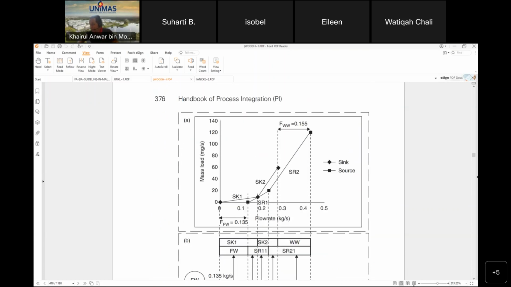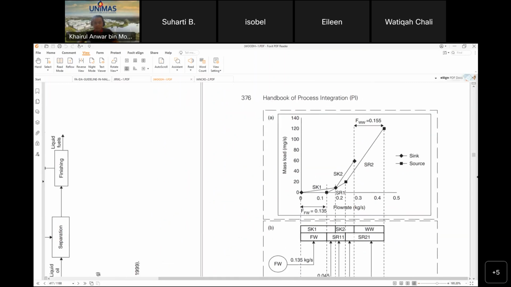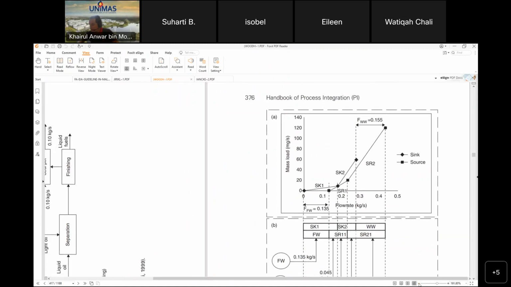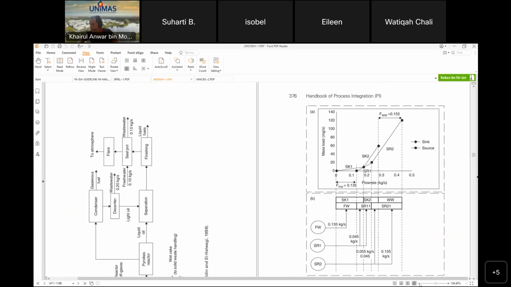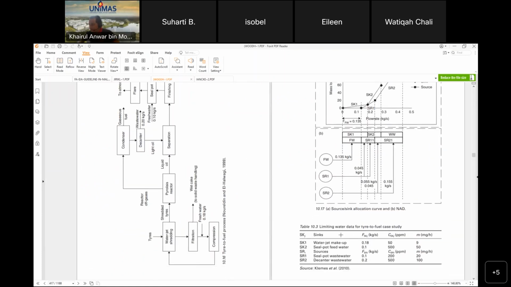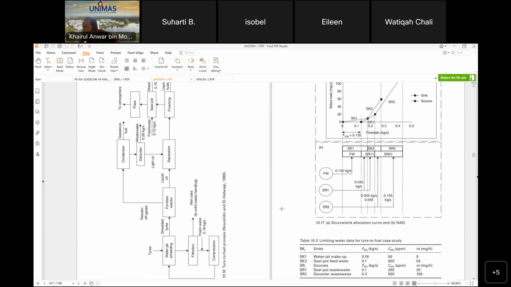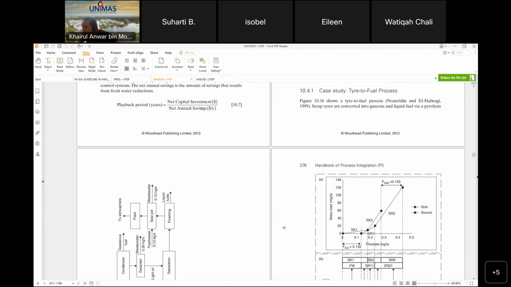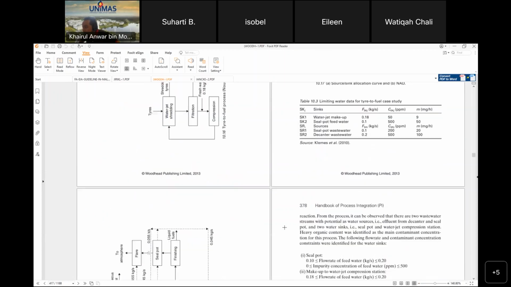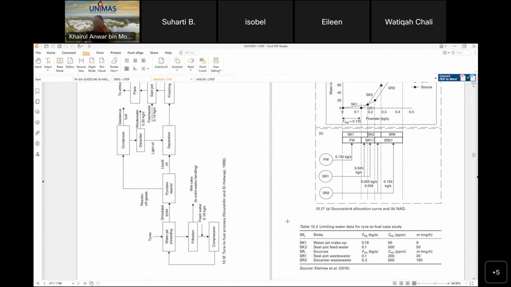How to draw this? It's based on 0 to 500. Oh, they didn't provide the data. Actually, you need C in and C out here.